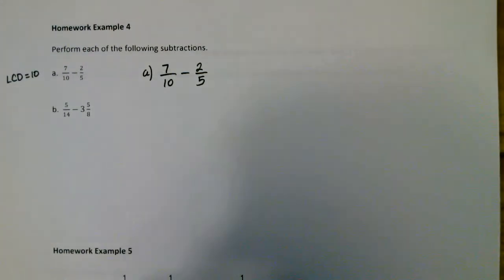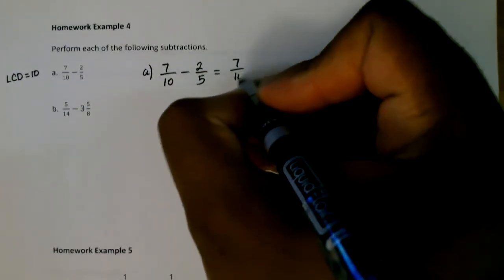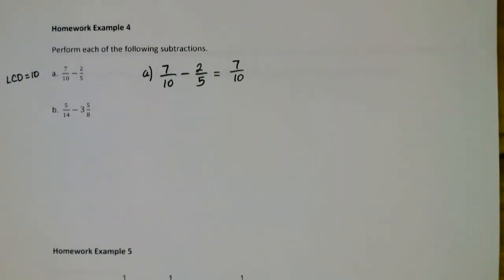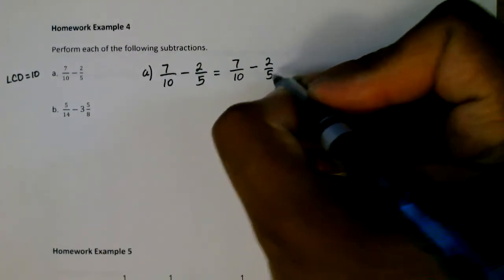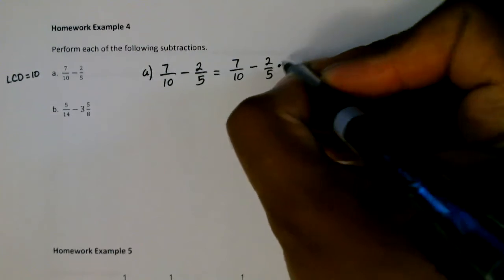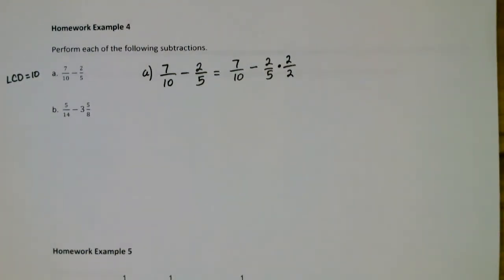Now let's write our equivalent fractions with a denominator of 10. Well, 7/10 does have the denominator of 10 already. But for 2/5, let's bring it with a minus. For the 2/5, I need that denominator to be 10. So I need to multiply the numerator and the denominator by 2.